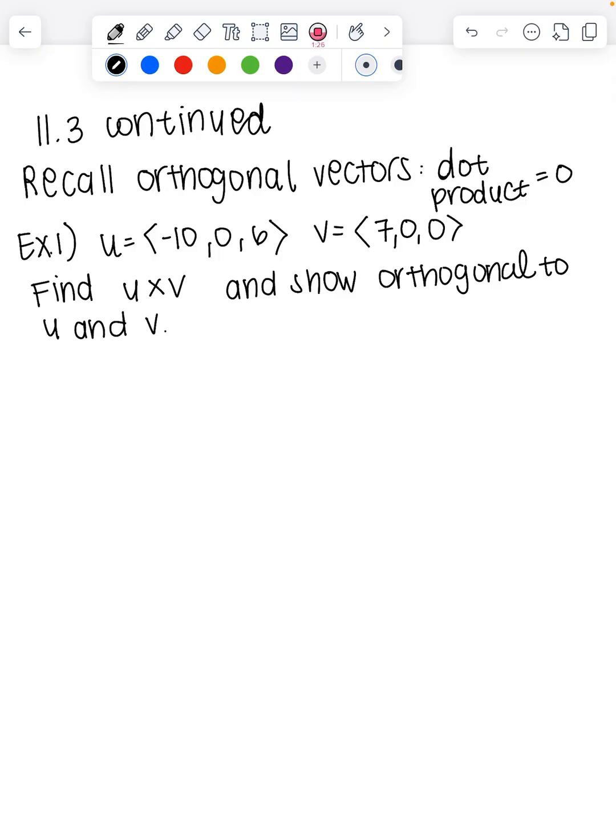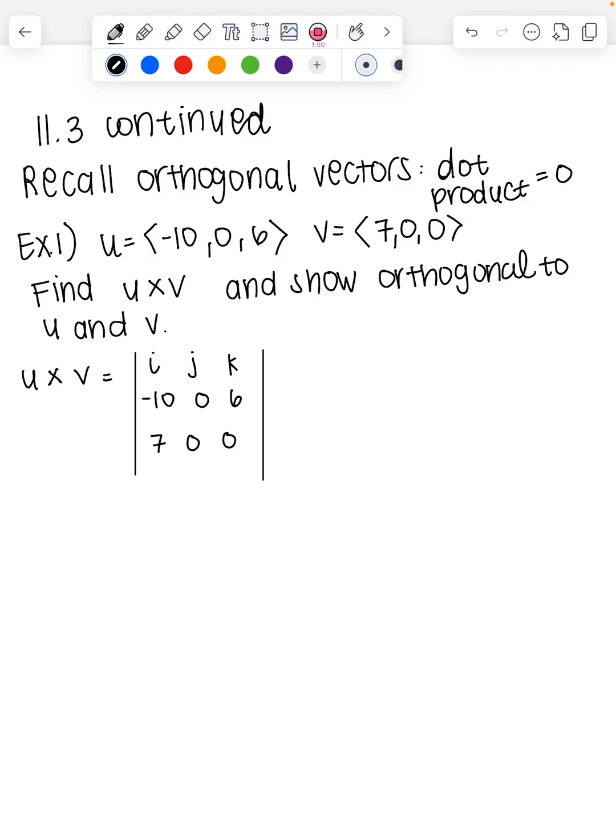So what exactly does that mean? Well, we need to do u times v, which remember, I have i, j, and k on the top, and I'm going to use u as -10, 0, 6, and then 7, 0, 0.